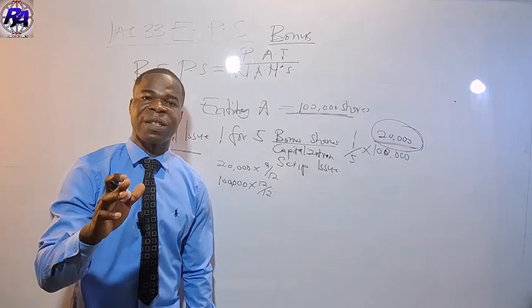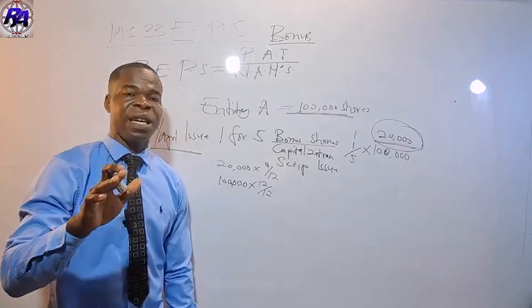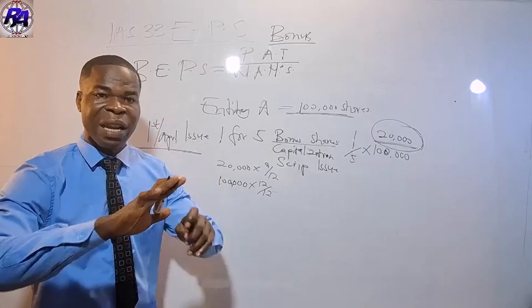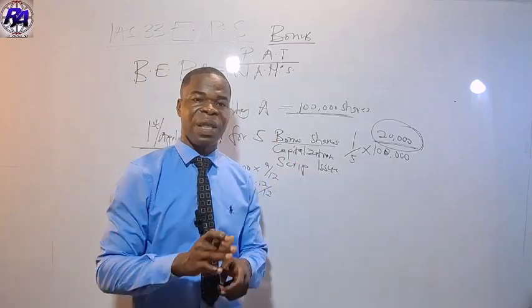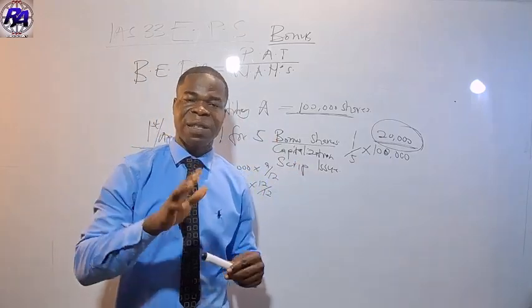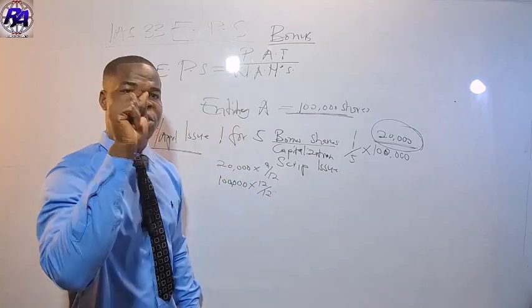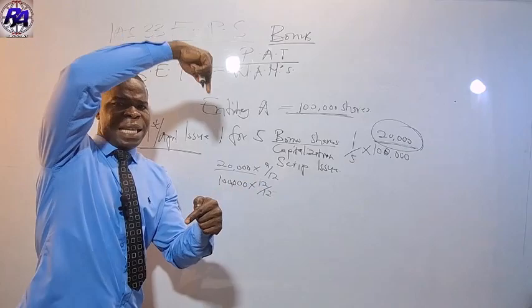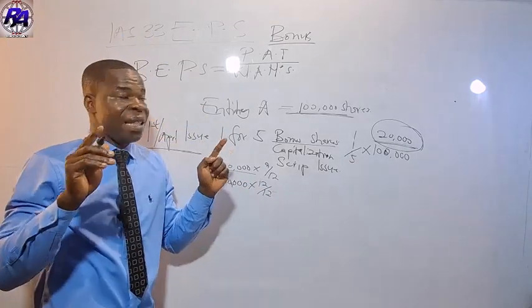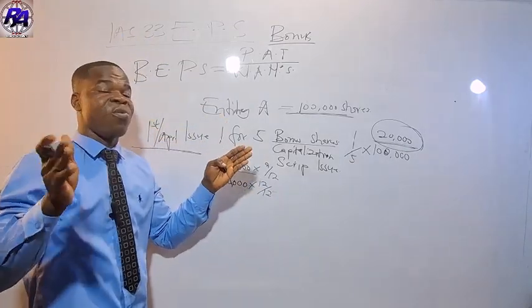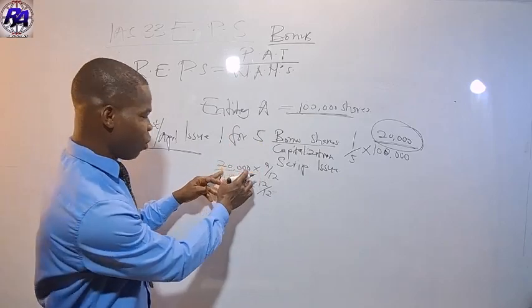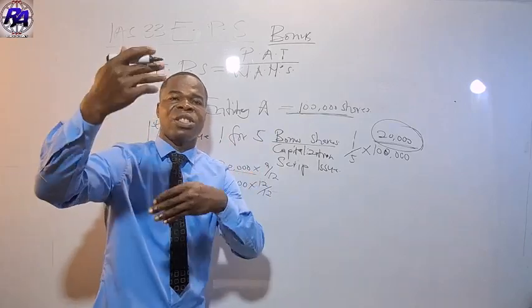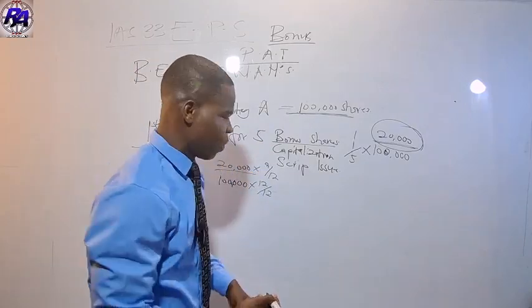But the issue here is different when it is only a bonus issue. The circumstances are different. Here, we are assuming that this bonus issue was issued at the beginning of the period, because it does not give rise to any additional capital to the entity.